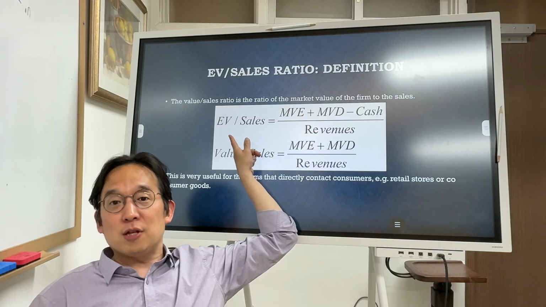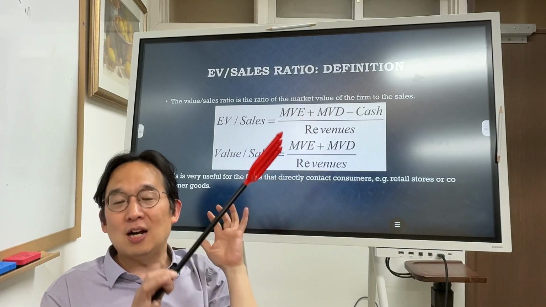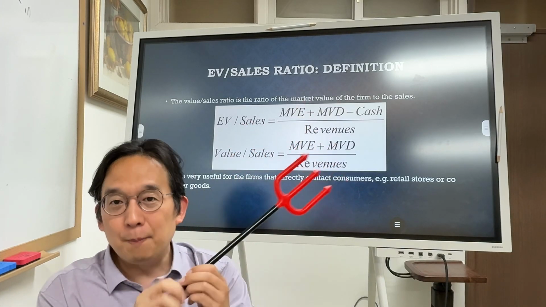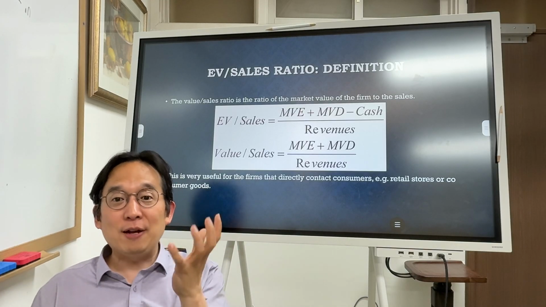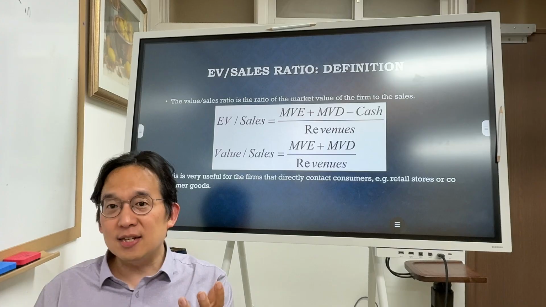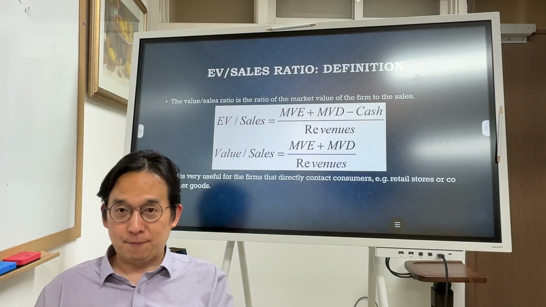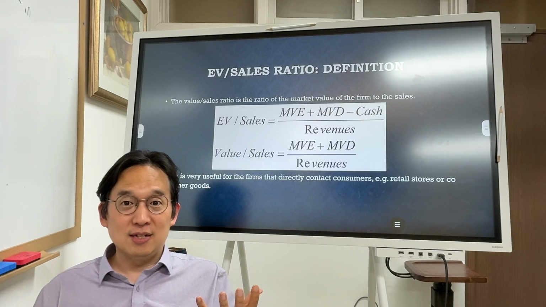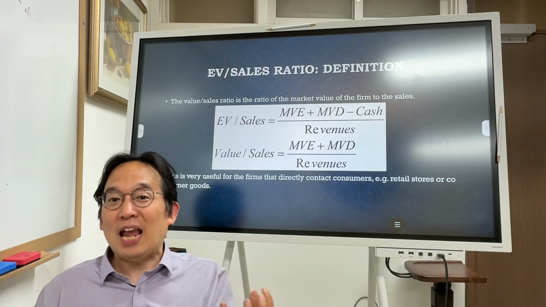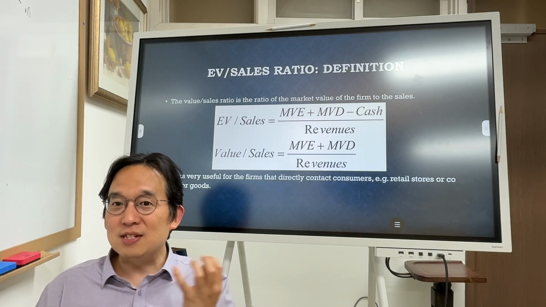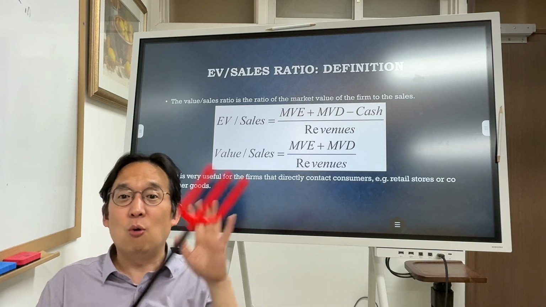Here, using enterprise value is just to be hardcore pure about getting the market value of your operating asset. Operating asset, well, free cash flow to firm, okay? Your day-to-day business, your core business, how much cash do you generate, and then how much is it evaluated in the market, your core business.